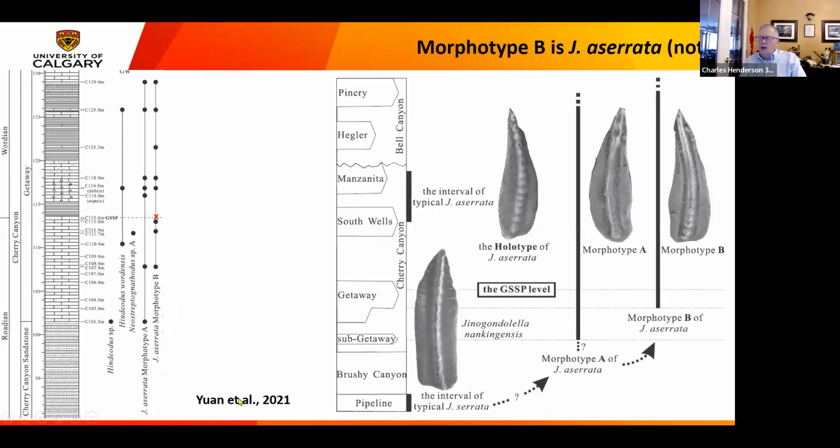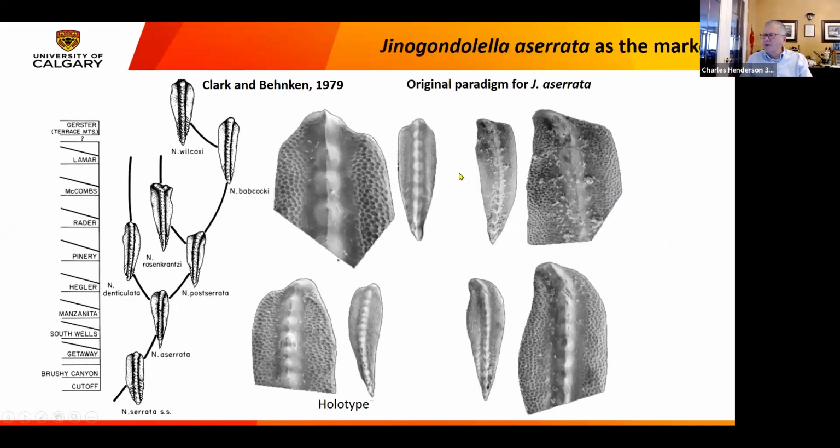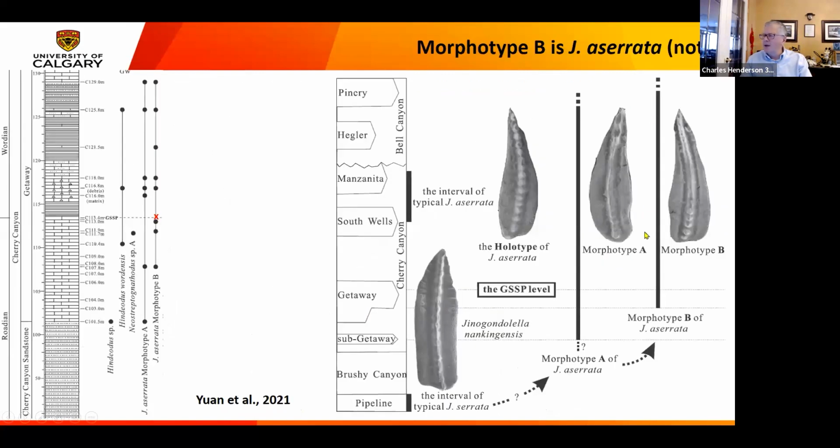And here's the work of Dongxun Yuan and others, including myself and Lance Lambert, and we were convinced that okay, in the Brushy Canyon, we have morphotype A and morphotype B, but I'm going to say right now, morphotype A, it just simply is not. It is not within the morphotypes that Clark and Behnken illustrated. This is not Genogondolella A. serrata. This form in here is a transitional form from nankingensis.